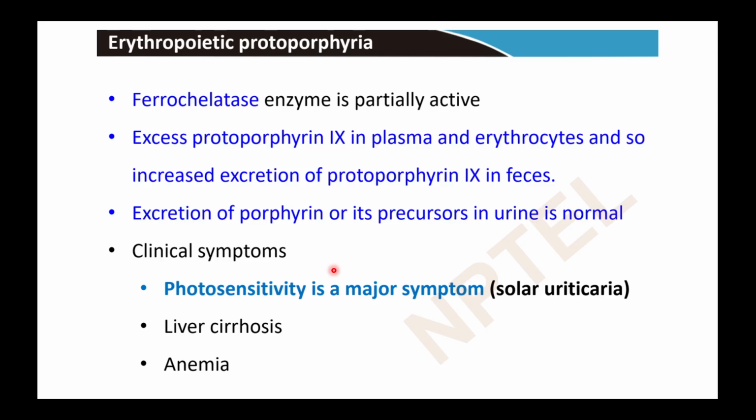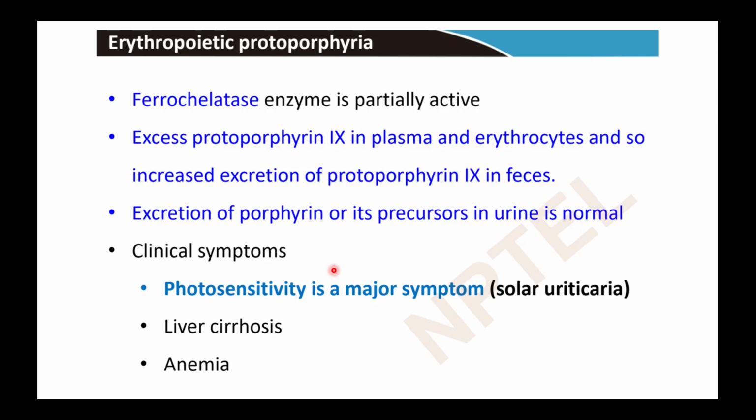So the levels of protoporphyrin in plasma and erythrocytes will increase, and it will be excreted in the feces also. Naturally, the substrate of ferrochelatase, that is protoporphyrin, will keep getting accumulated and it will be eventually excreted. Okay, and excretion of porphyrin or its precursors in urine is normal in such cases.